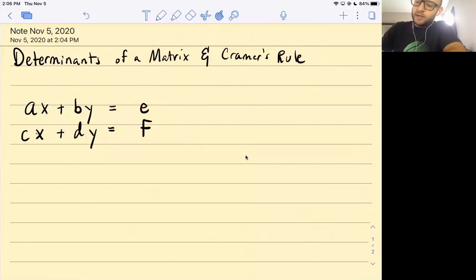And in this class, we won't really do a full explanation of Cramer's rule, but we will on Monday. Today, I'm just going to show you the formula for this determinant and tell you what it is, and show you the pattern. But I will show you what it means, what the picture of it means, and how to actually interpret it. It's really, really cool. We'll talk about that on Monday.